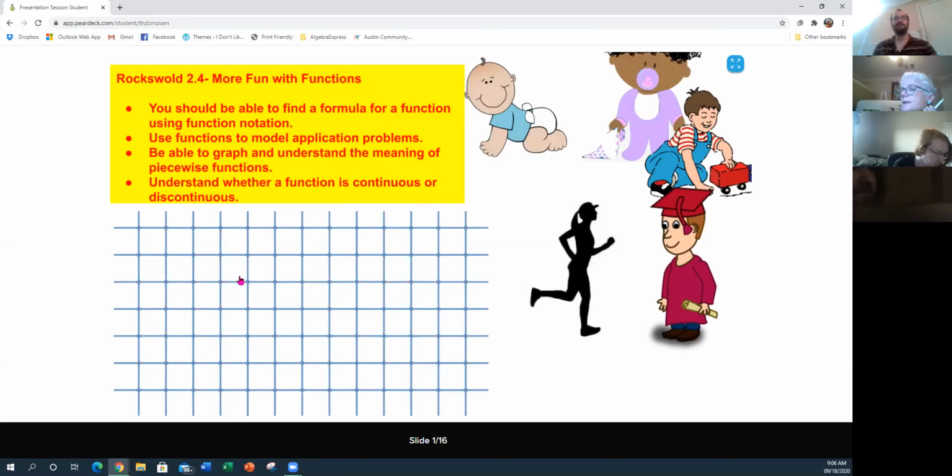All right, so these are the things that you should have gained from watching Matthew's videos. You should be able to find a formula for a function using function notation. Really, we've already done that. So use functions to model applications. We've already done that. Be able to graph and understand the meaning of piecewise functions, and that is new.